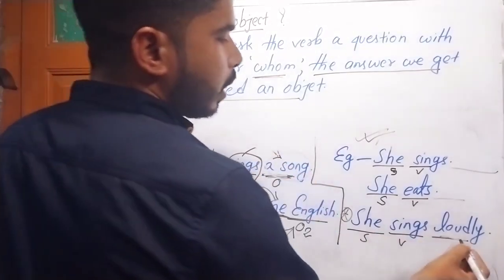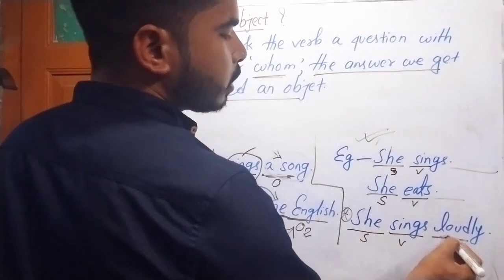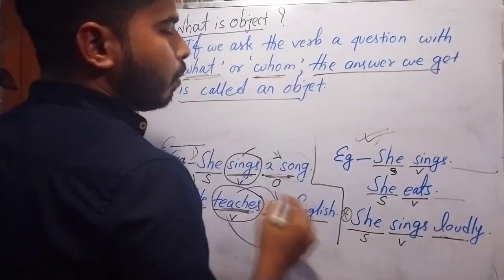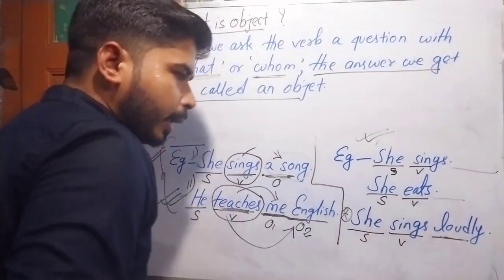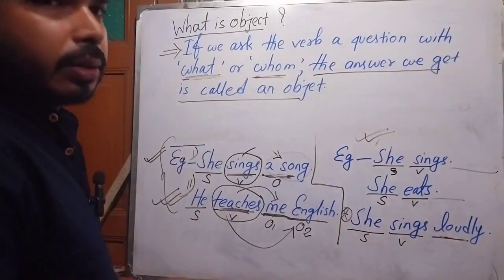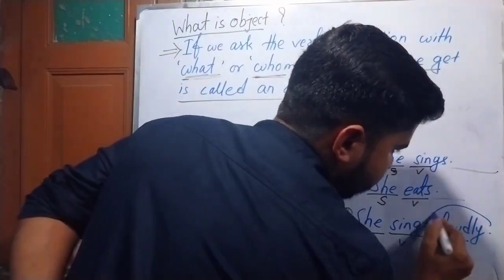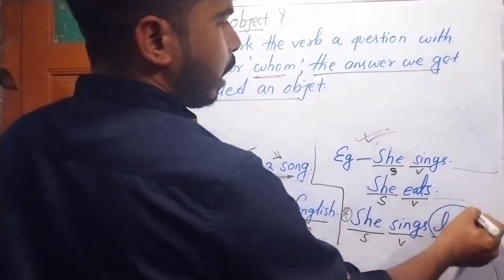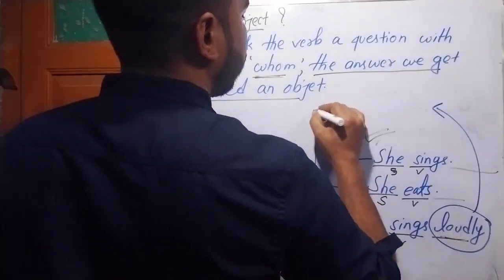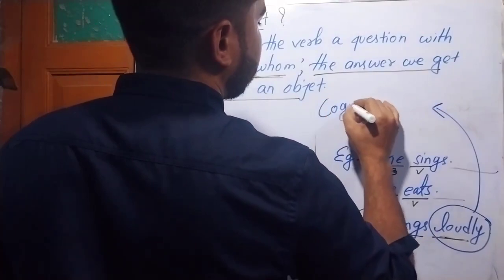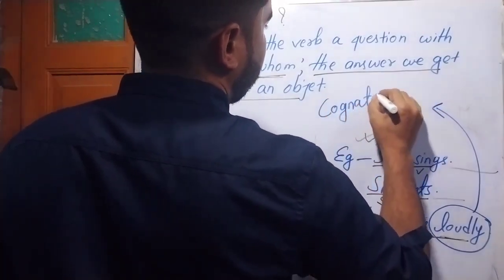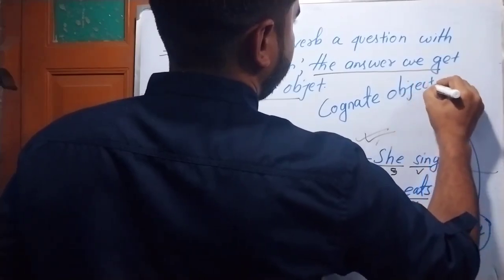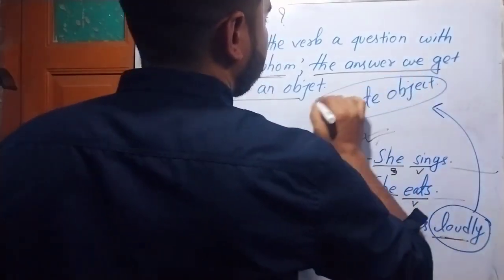But loudly is not object, because we are not getting the answer by asking what and whom to the verb. Then what is this called? This loudly is called cognate object.